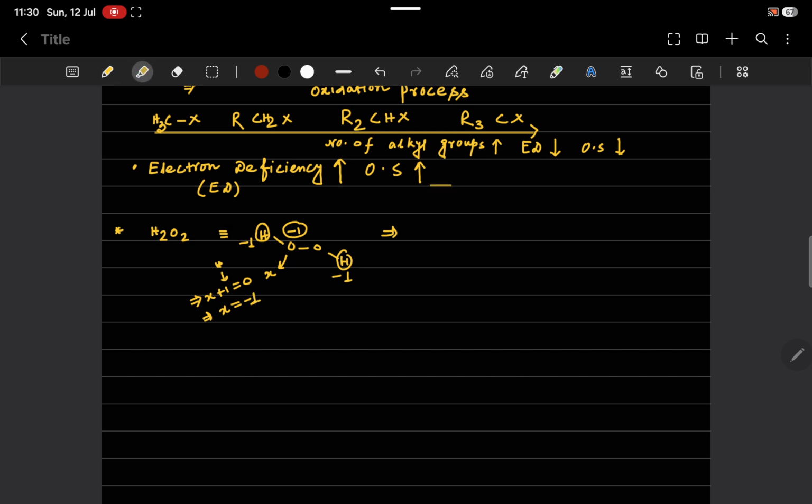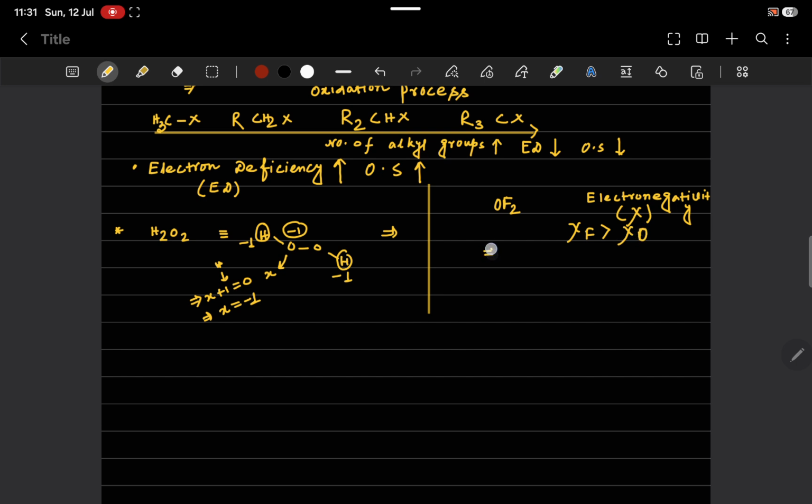This is another example. Let's do another example. If I ask you what should be the oxidation state of OF2, can you tell me? Here the electronegativity, chi of fluorine, is greater than chi of oxygen, right?